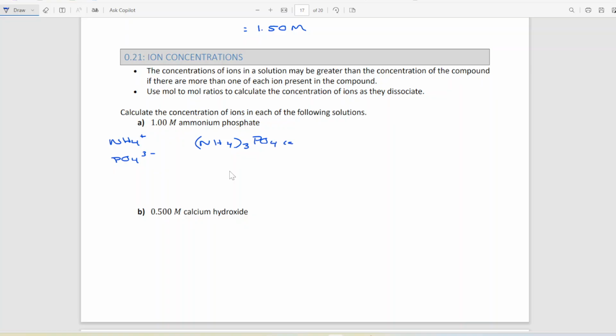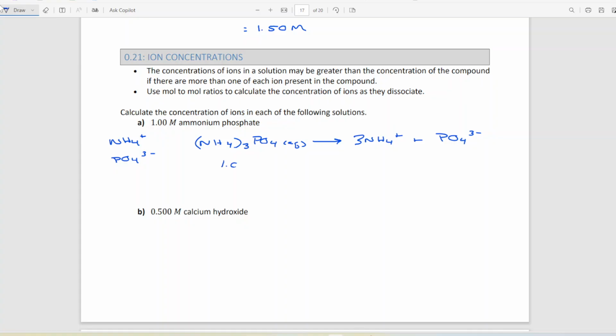Now, this is an aqueous solution, which means there's actually ions in solution. You would have ammonium ions and you would have phosphate ions. And if you look at it, if we balance it, we have 3 ammoniums, so we would need 3 ammonium ions, and then only 1 of the phosphate. So then what they tell you is the concentration of the ammonium phosphate.